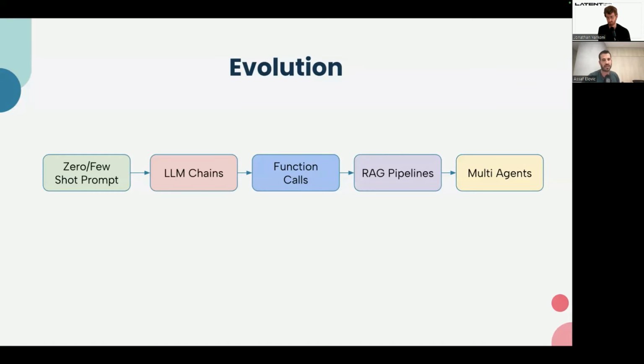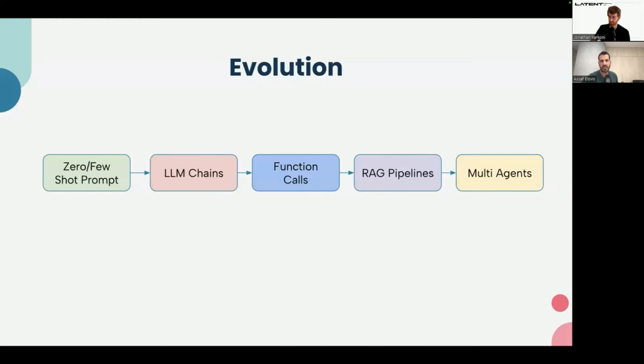And then function calls came out that allow LLMs to connect to APIs, which disrupted the entire quality of what you can do with LLMs, right? Because then you can do actions and you can retrieve information online or any other types of API functionality. RAG pipelines are definitely here to stay. And then finally, multi-agents is the next part of the evolution.